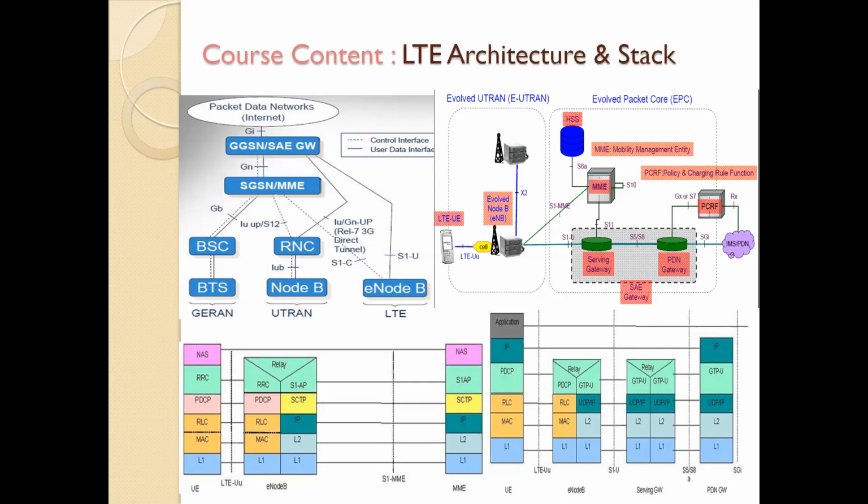Like that, in LTE also, in a lab we test MO call, MT call, MMS, SMS, uplink and downlink throughput between this UE and eNodeB. Each and every functionality we will test. Previously the eNodeB was supporting only 64 UEs at a time, and after feature enhancement it can support 256 UEs at a time.